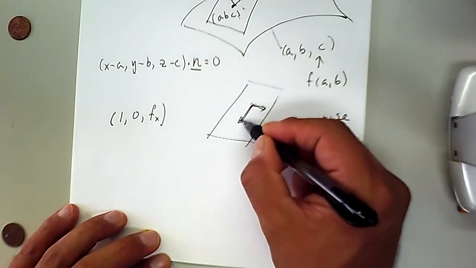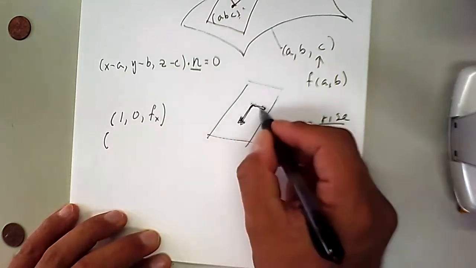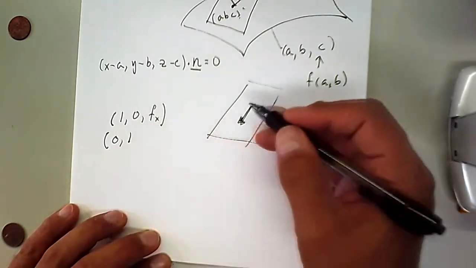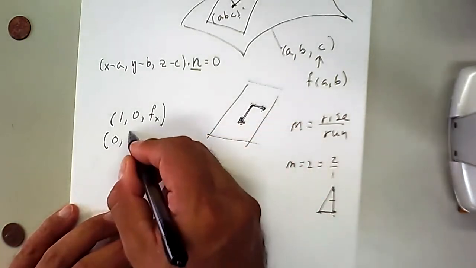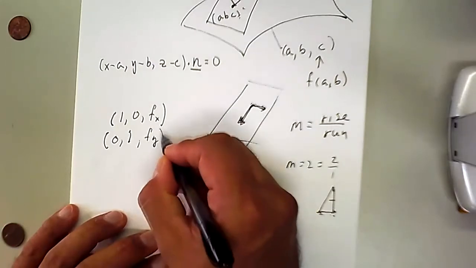So this vector on the plane will have those coordinates. This other vector on the plane will have coordinates 0, 1, so it's going to go to the right, that is 1, and then f sub y up or down.